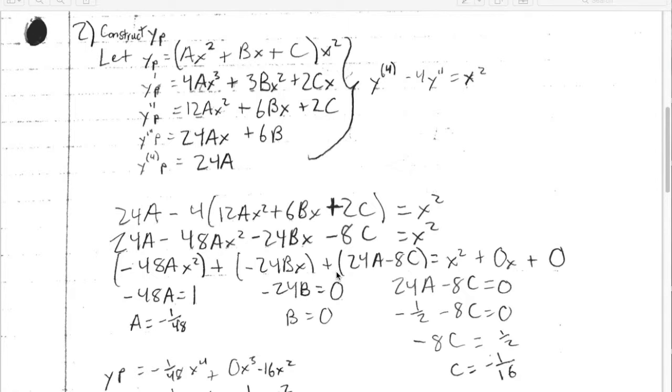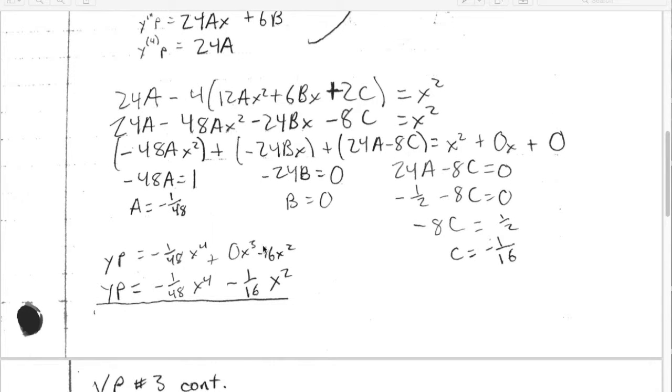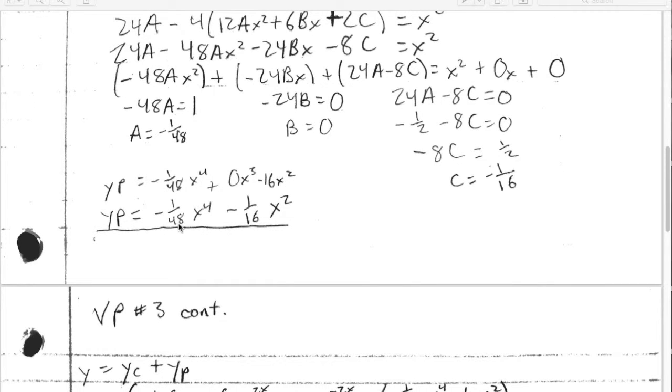And then furthermore, 24a minus 8c is equal to 0 for the same reason. Solving for a, b, and c, we'll get that a is equal to negative 1 over 48, b equals 0, and c equals negative 1/16, because we plug in the a value found before into the 24a minus 8c equals 0 and solve for c.